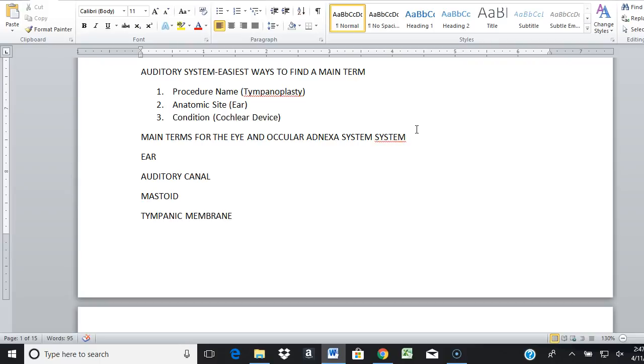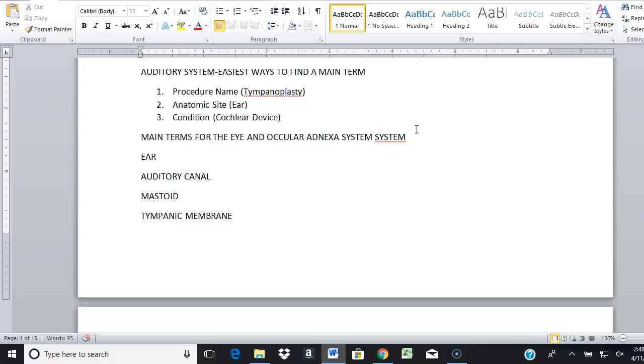Middle ear has the three small bones, again, the malleus, the incus, and the stapes. And again, it starts from the tympanic membrane and goes to the oval window. The inner ear starts at the oval window and ends at the cochlea, and also deals with all the nerves that go to the cochlea.